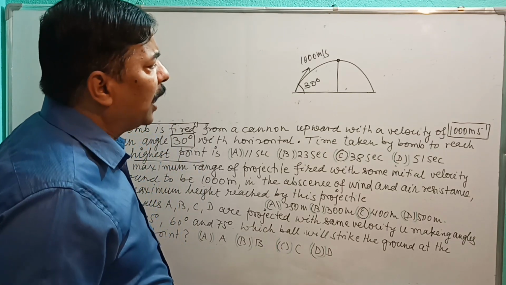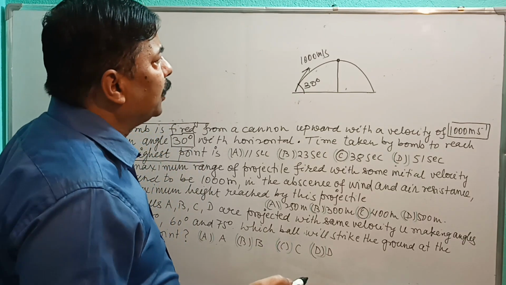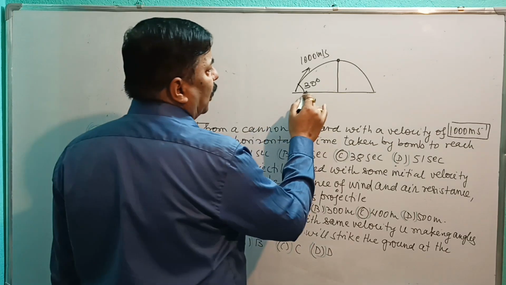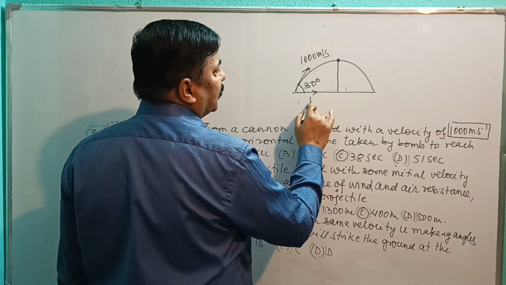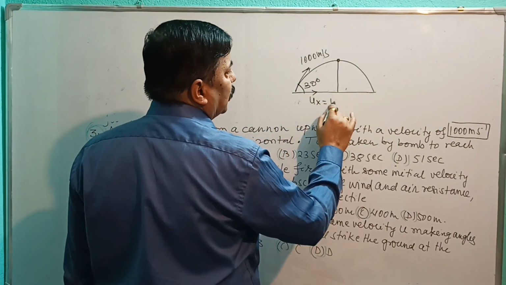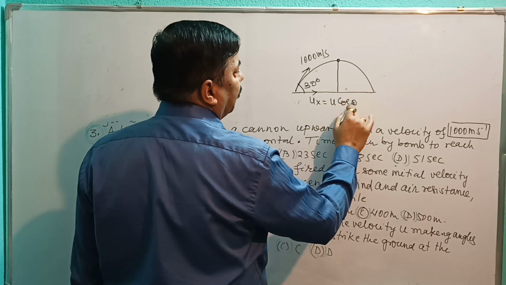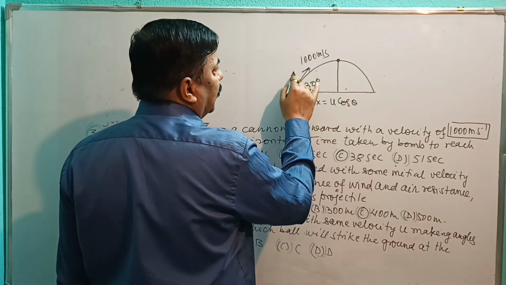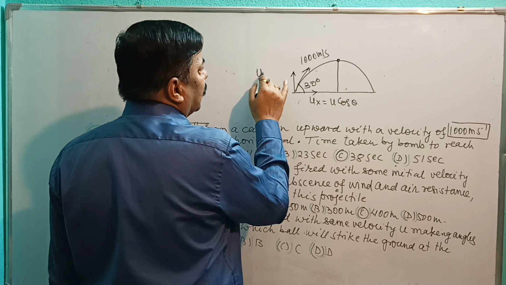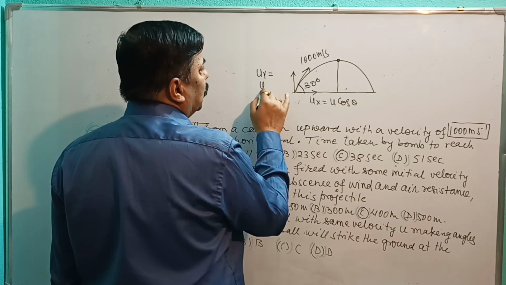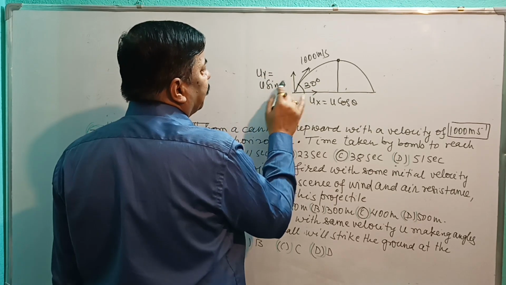Now what I would like to tell you is that the velocity has two components. This is ux, u cos theta. This is uy, that is u sin theta.